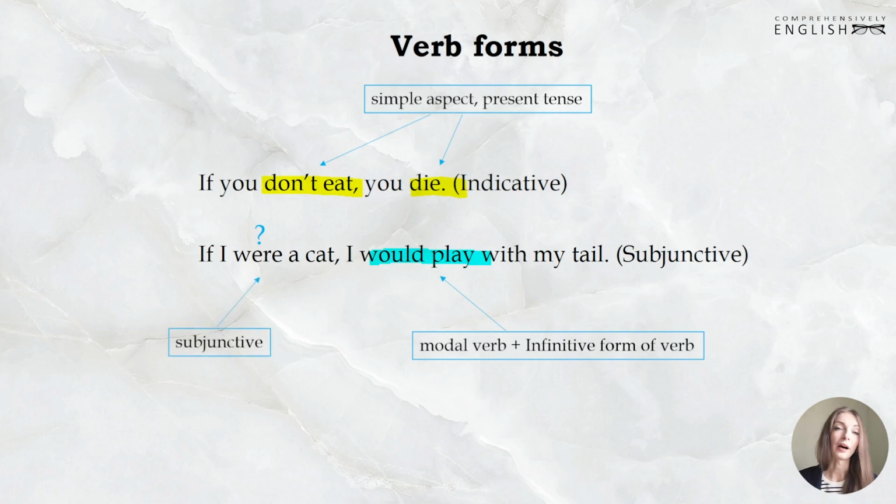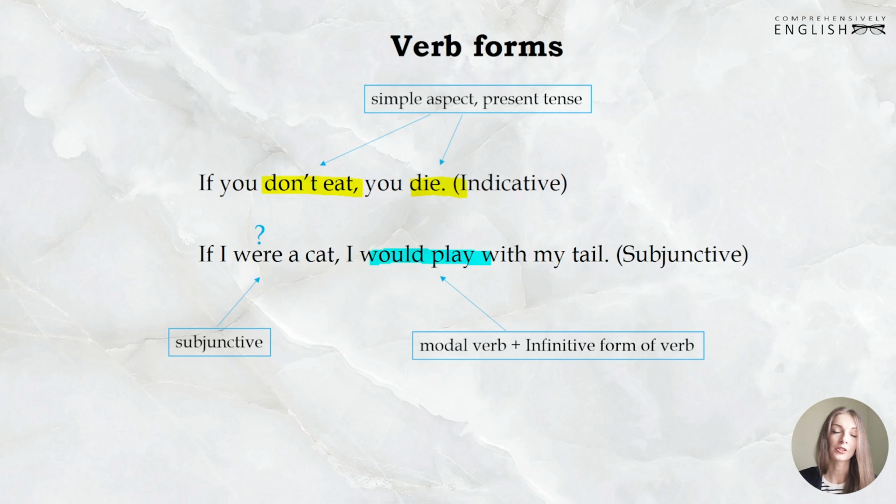What do I mean by the analytical subjunctive and the synthetic subjunctive? I mean the way they are formed. We'll speak about the subjunctive mood in more detail because there will be a big video on this channel dedicated to the subjunctive mood and to all peculiarities of this phenomenon in English. For now, this is what we should remember.